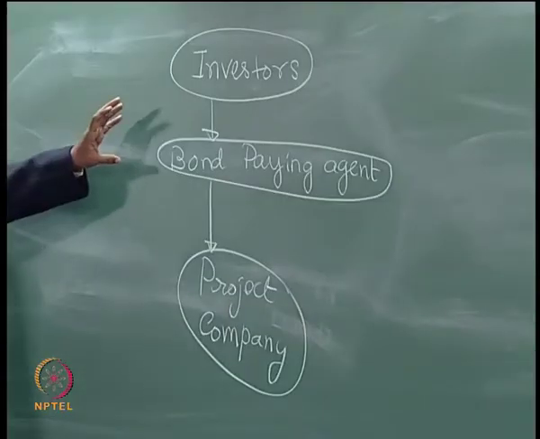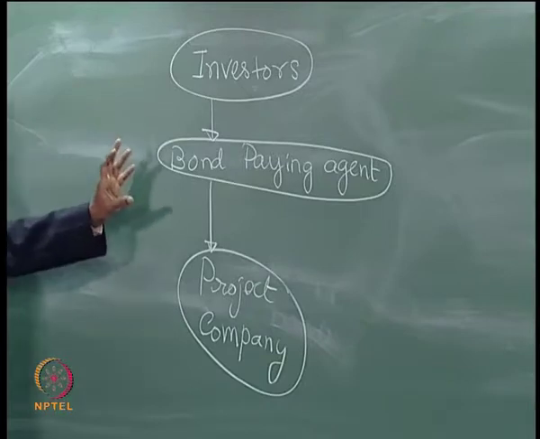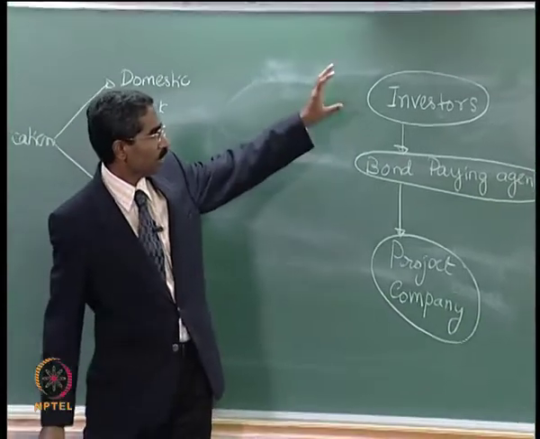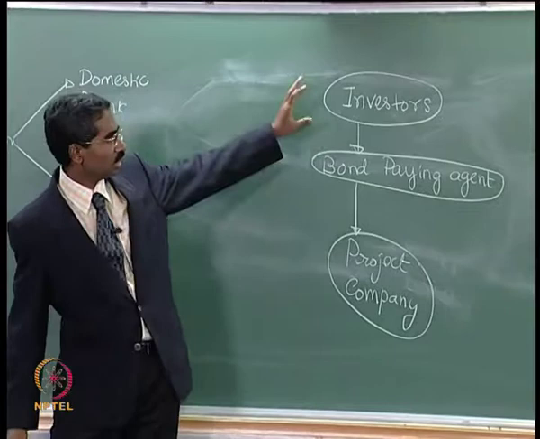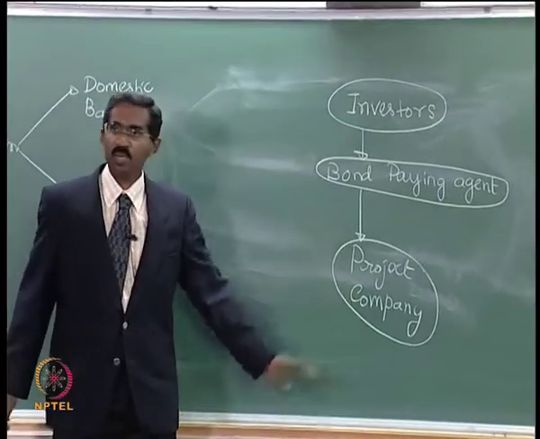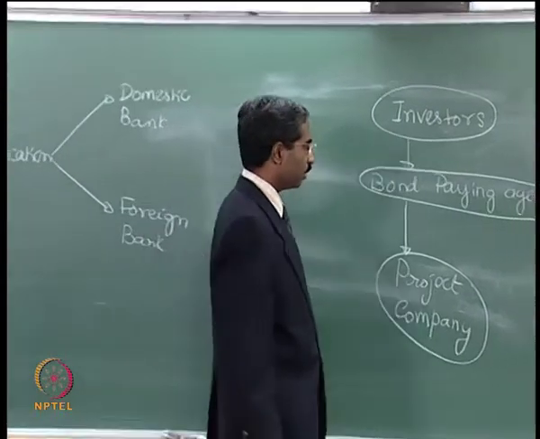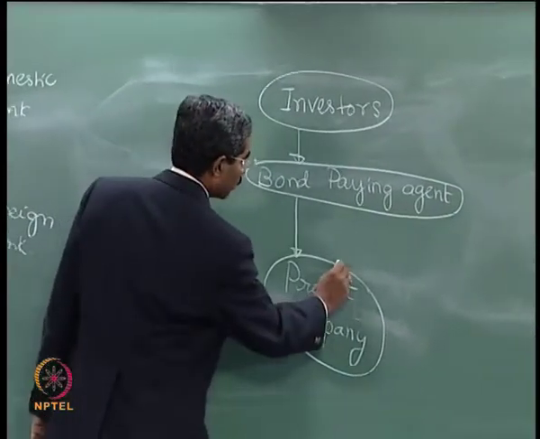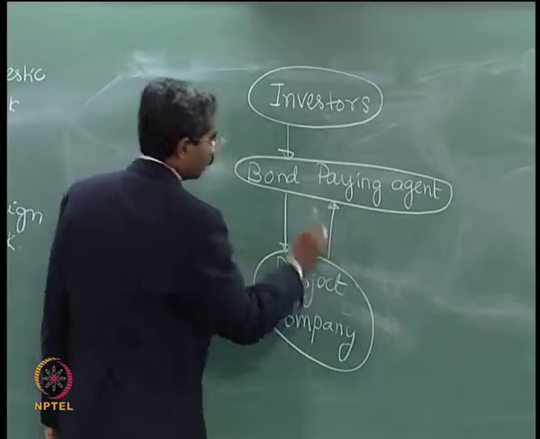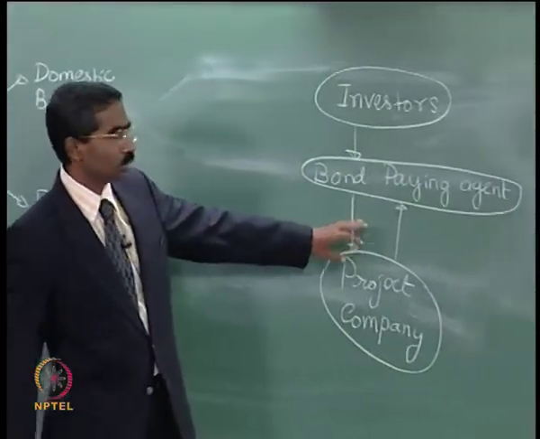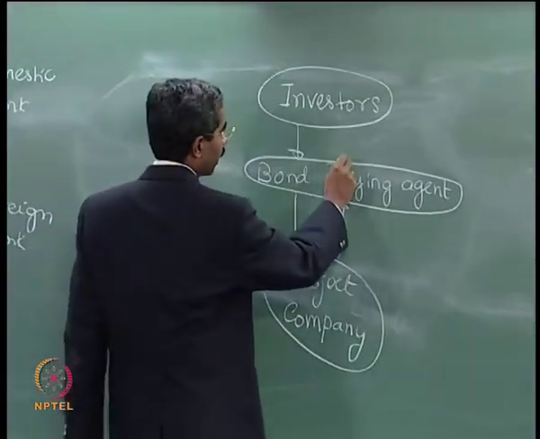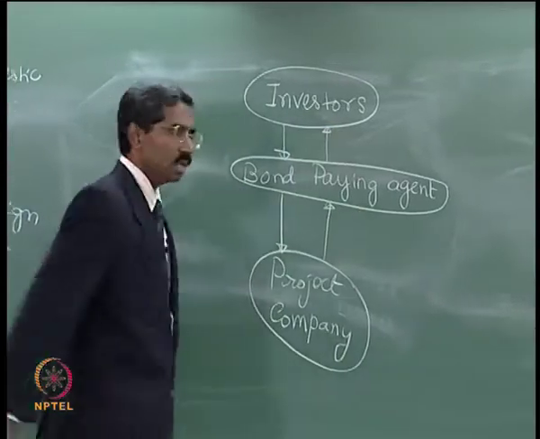So the bond paying agent acts as some kind of a gatekeeper between the investors and the project company. Similarly, when the project company repays the principal as well as interest, the cash flow streams go to the bond paying agent, and the bond paying agent in turn provides them to the investors.